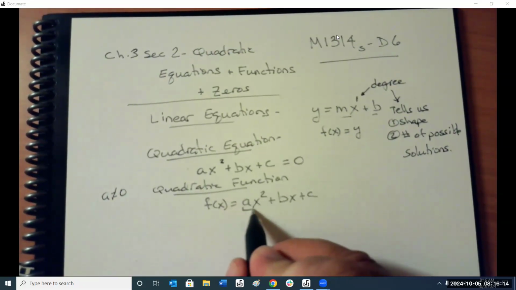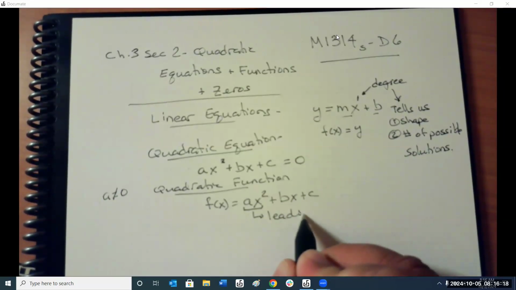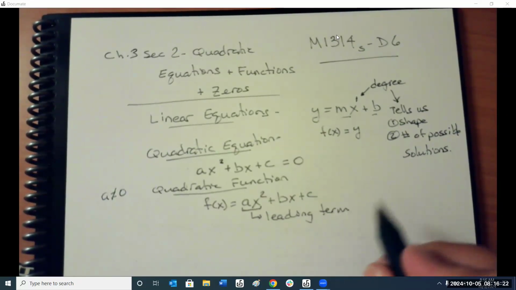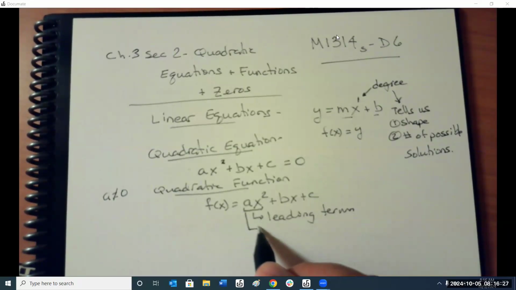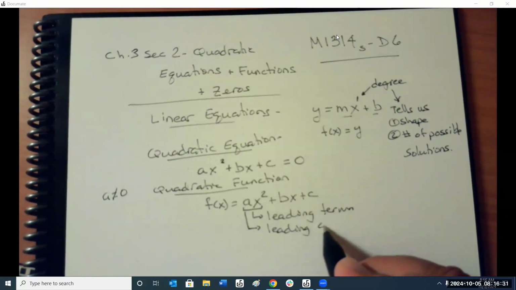This is called the leading term, and a is called the leading coefficient.